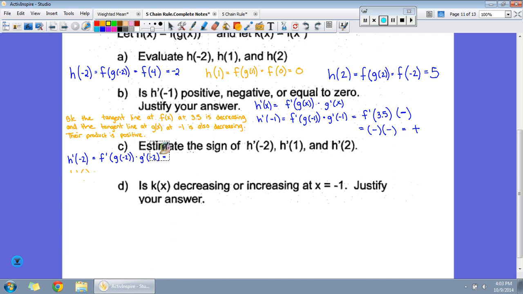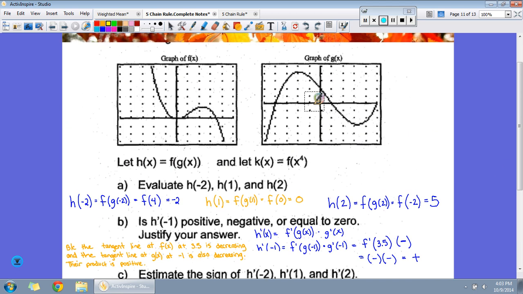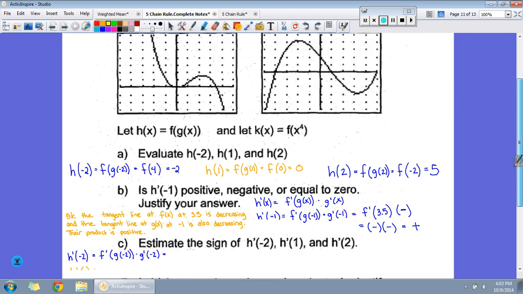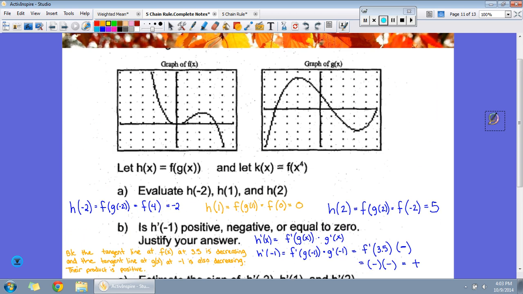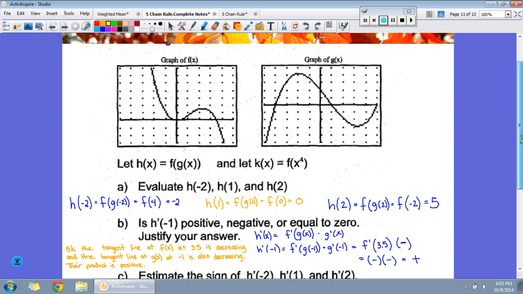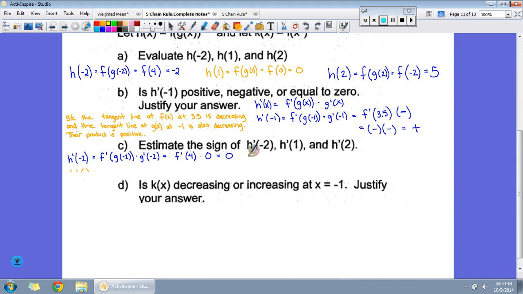And g prime of -2, looks like we have a horizontal tangent line, so that slope is going to be 0. So then we look at f prime of 4, and f prime of 4 is negative, but it really doesn't matter because, of course, a negative times 0 is going to be 0.